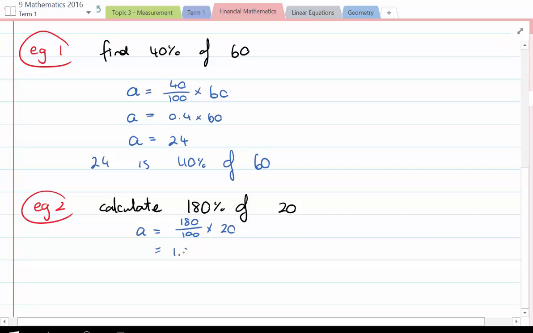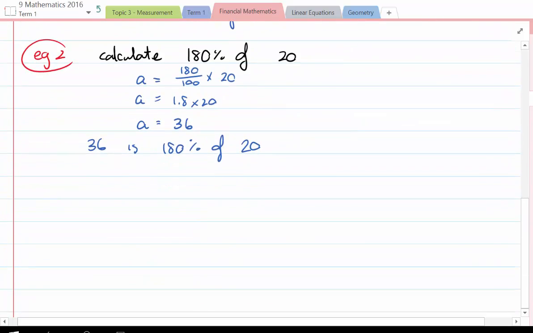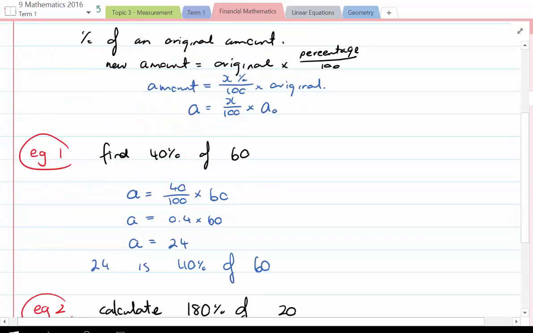So that becomes 1.8 multiplied by 20. So we end up with 36. That means that 36 is 180% of 20. Okay, nice and simple.